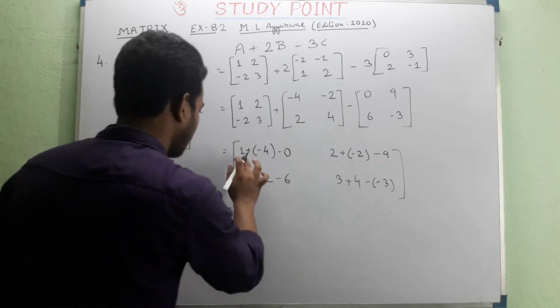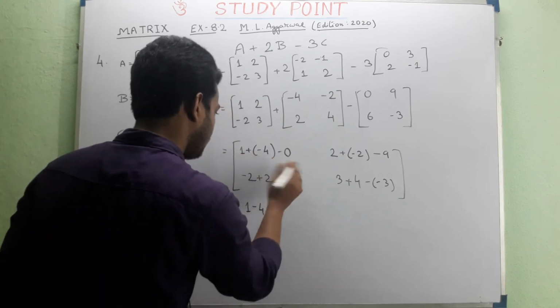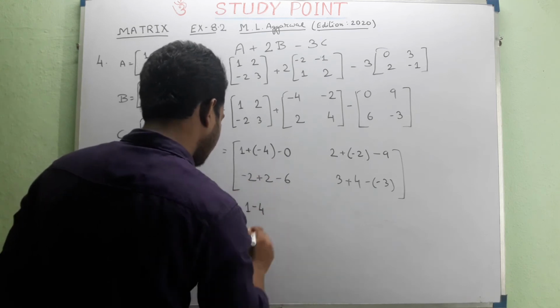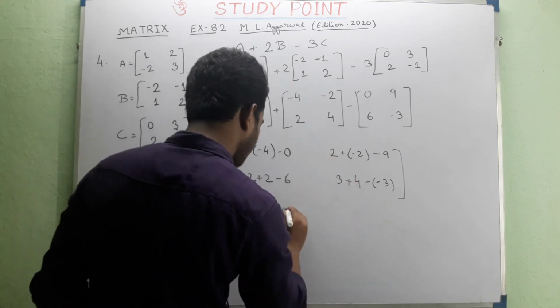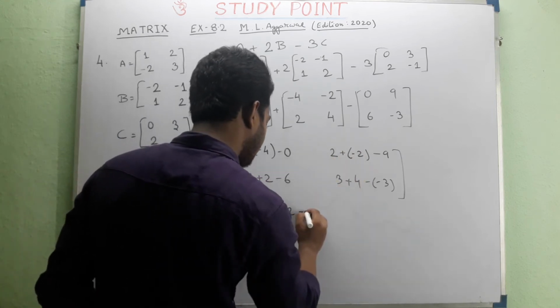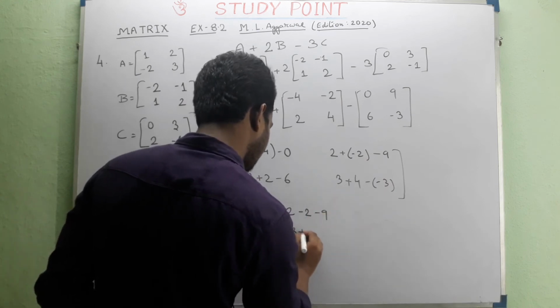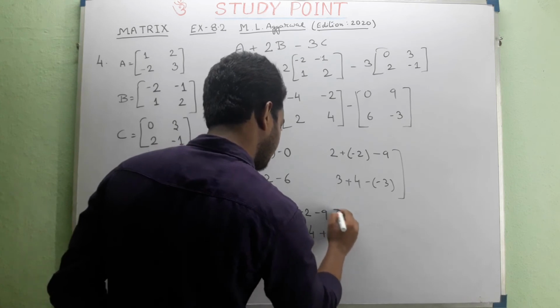Now let's calculate. 1 plus minus, it will be minus 4, minus 0, leave it. Here plus 2 and minus 2 will be cancelled out, and the remaining term will be minus 6. Here 2 plus minus, it will be minus 2 minus 9. Here 3 plus 4 minus minus plus 3.